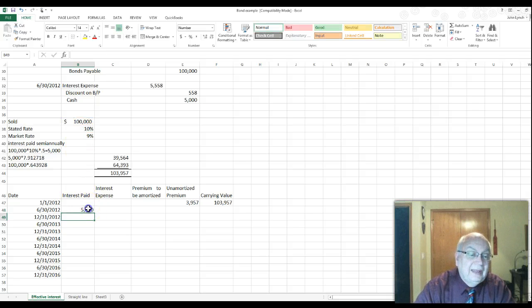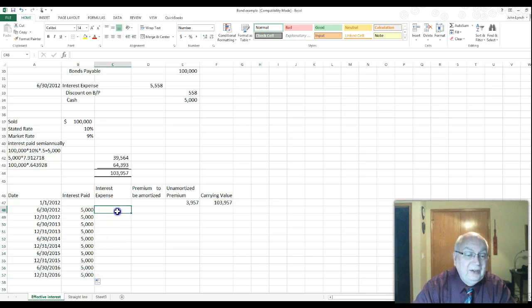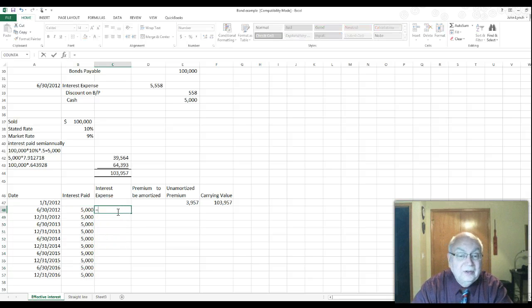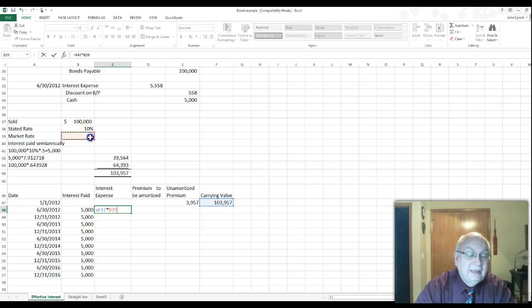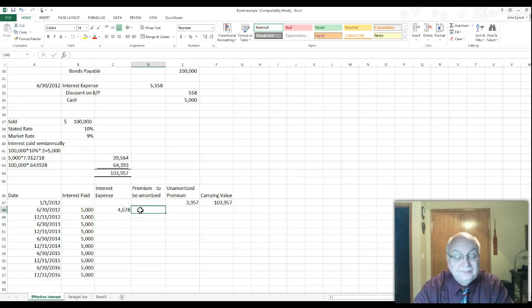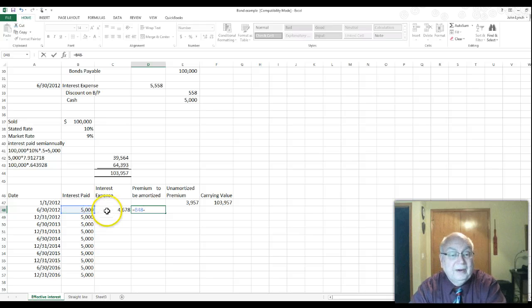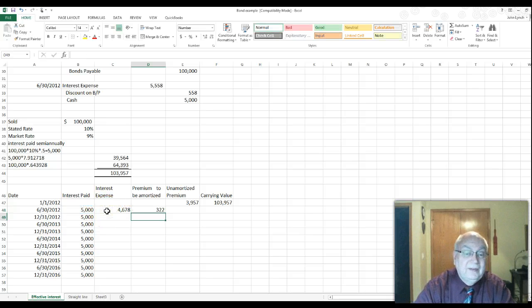And again, it's the $5,000, just like we had before, so that hasn't changed any. Interest expense, in this case though, is going to be the carrying value times the 9% times 0.5, because the interest expense is always the market rate times your carrying value. So that gives you 322.